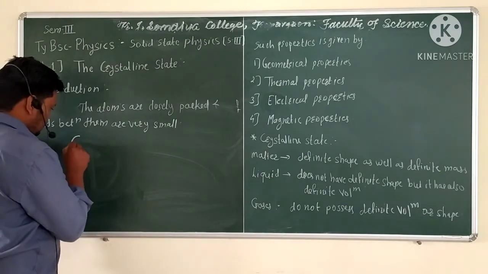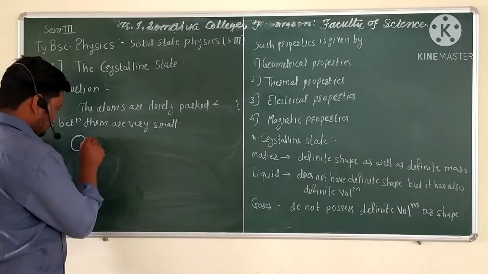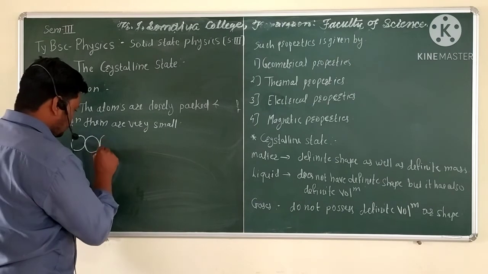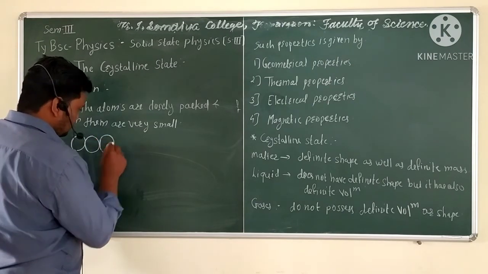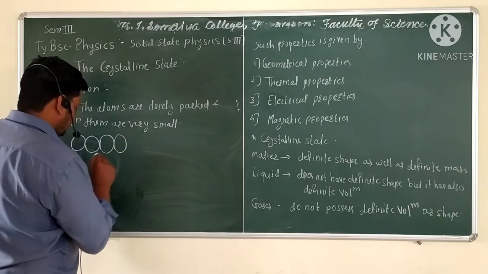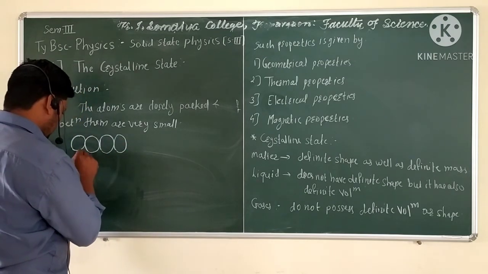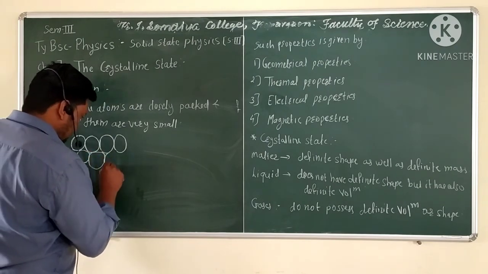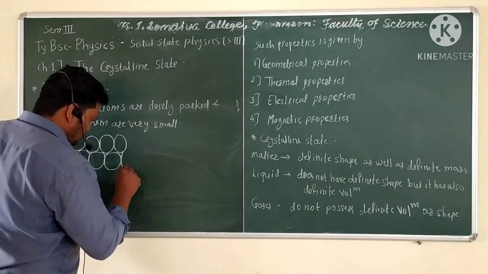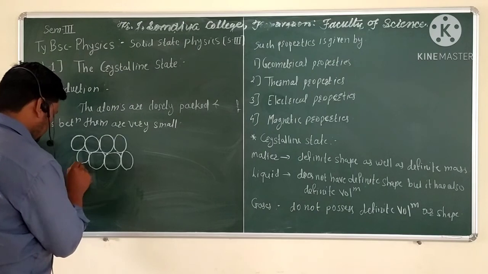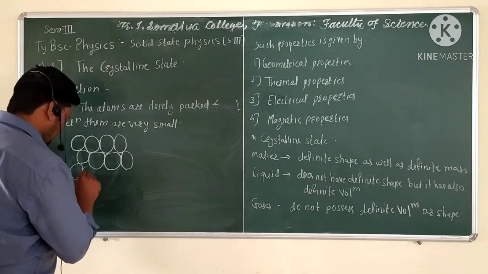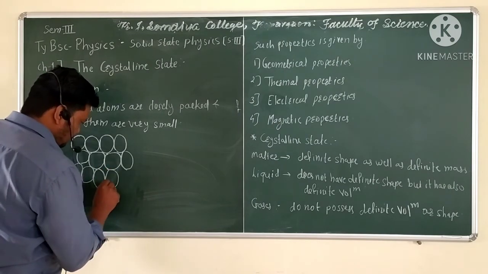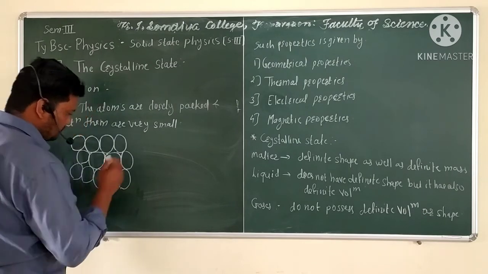Consider this circular part as the atom or molecule structure. These molecules form a closely packed structure. Like this, the atoms or molecules are closely packed. Why am I showing this figure?